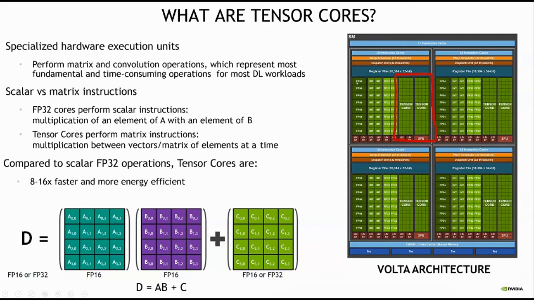And then you'll see these large blocks written as tensor cores, right? These are specialized hardware execution units meant for efficient matrix multiplication and accumulation, and they don't work on individual numbers, but rather on a 4 by 4 by 4 tile of the matrix, right?